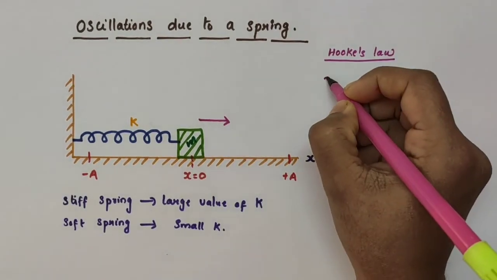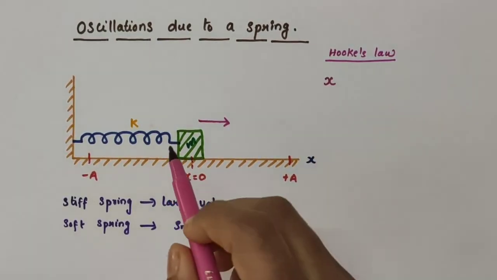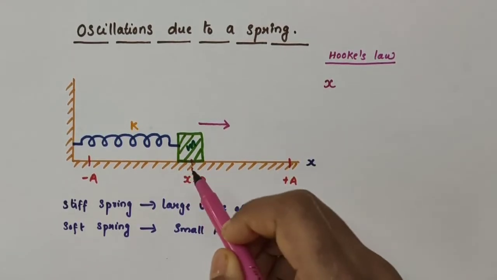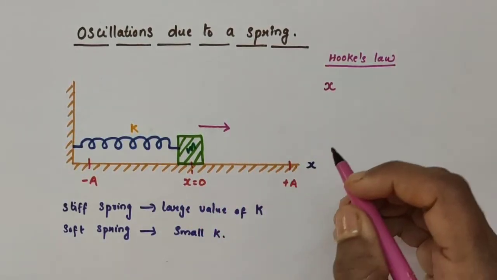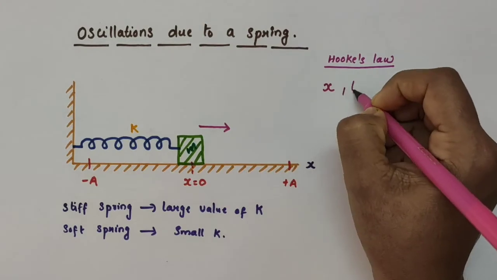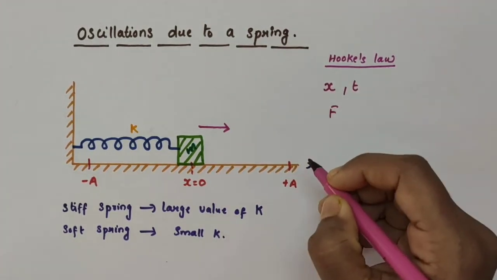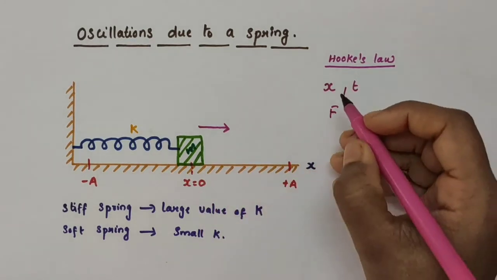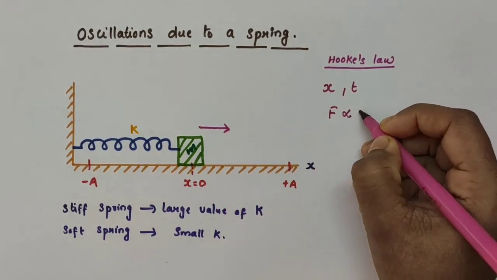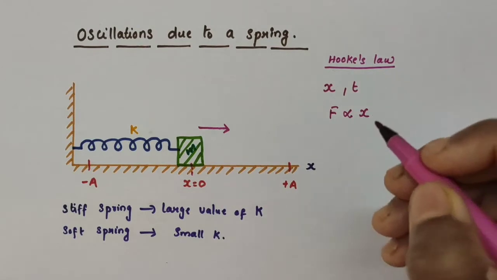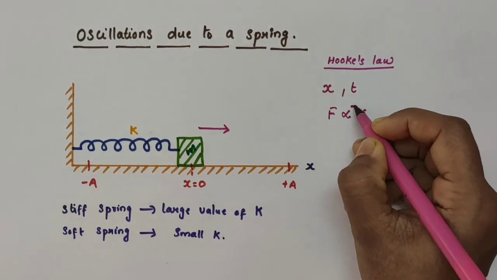Now, let x be the displacement of the block from its mean position at any time t. Then the restoring force F acting on the block is proportional to the displacement x, and it is opposite in direction, so I am putting a negative sign here.